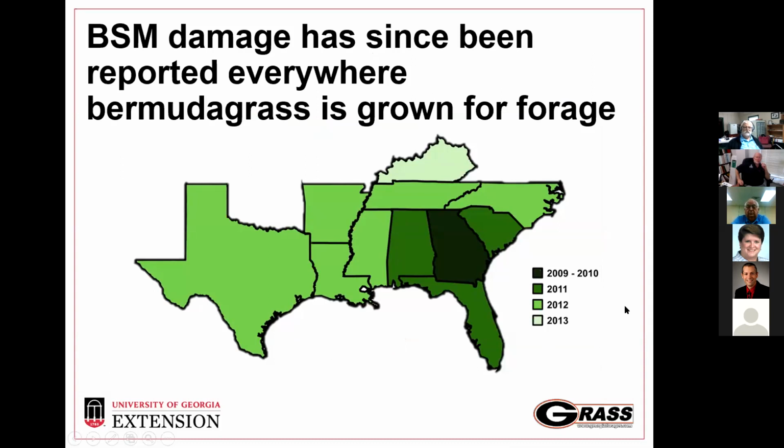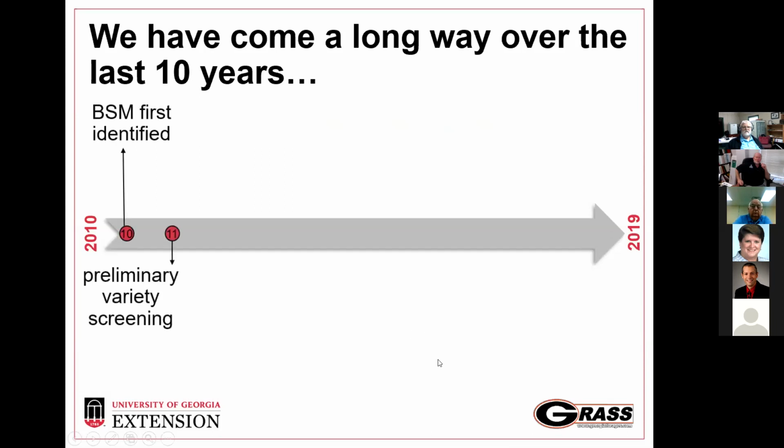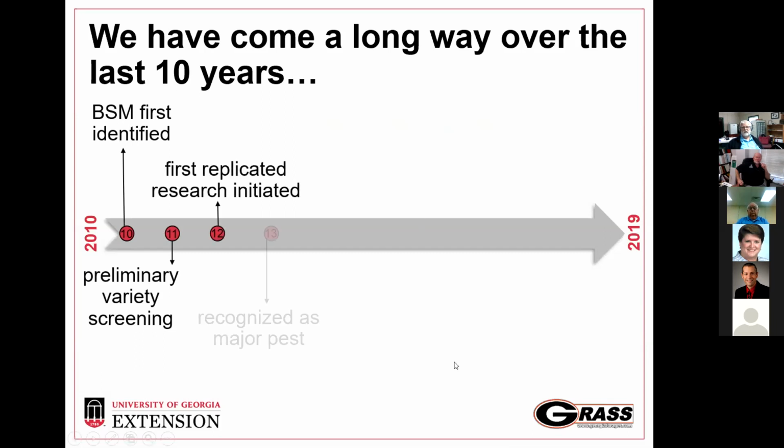And so it was first recognized in the southeast in Georgia, but has now been identified in most of the surrounding states. So in 10 years, progress has been made: identified first, initial preliminary variety screening, replicated research and control.